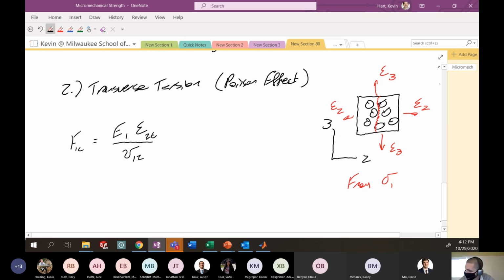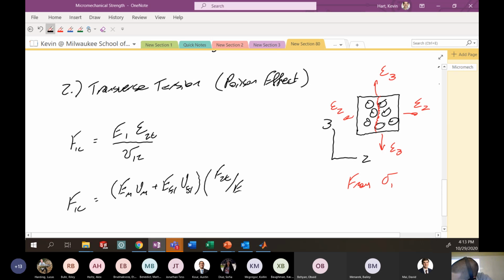So something that we derived, which if you use your rule of mixtures to expand some of these things, you'll have EM VM plus EF1 VF1 multiplied by the strain that would cause failure in tension. So here that's just going to be the stress that would cause failure in tension, F2T, divided by the modulus of the composite in the 2 direction.